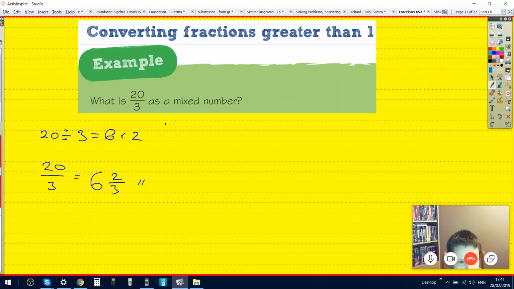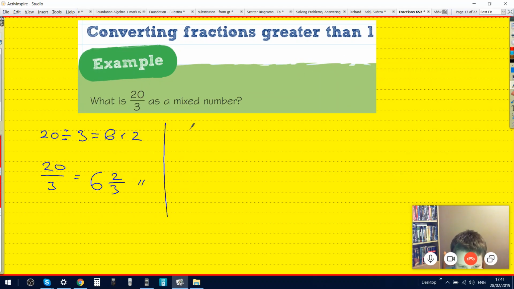How would you change 6 and 3/4 into an improper fraction? So I think you would do 4 times 6, which equals 24.